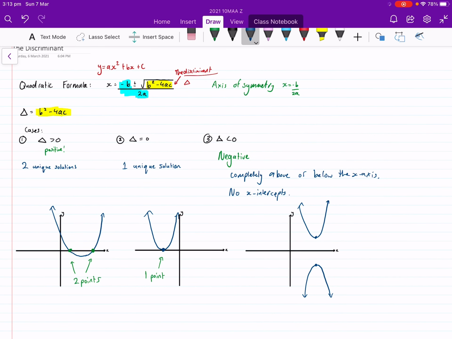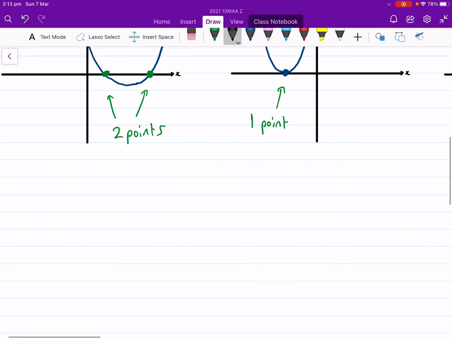So I might just pick an example to run through just so we could have a quick look at what one would look like. So here if I had, say, y is equal to x squared plus 6x plus 5, my values are a is 1, b is positive 6, and c is 5. So the discriminant is b squared minus 4ac.